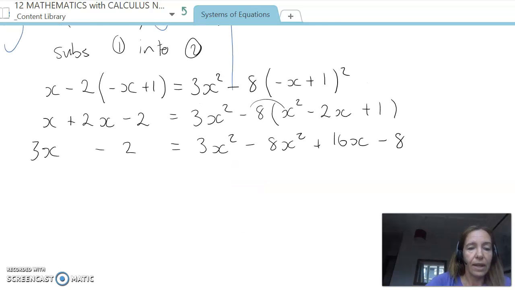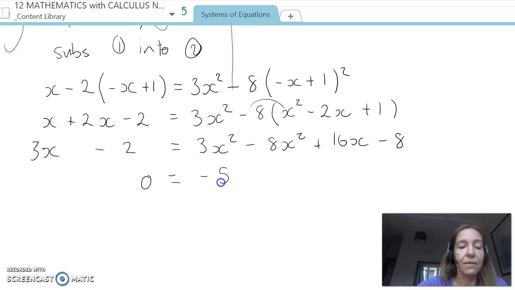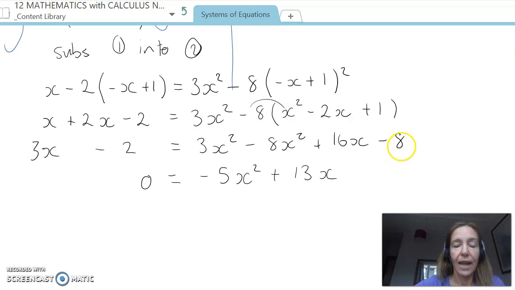So 0 equals 3x squared minus 8x squared, which is minus 5x squared. 16x minus 3x is plus 13x, and minus 8 plus the 2 when I take it to this side is going to be minus 6.